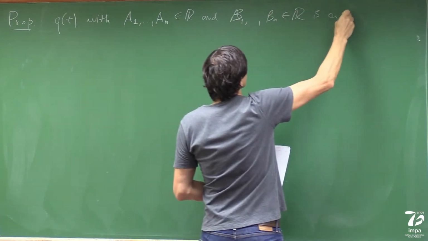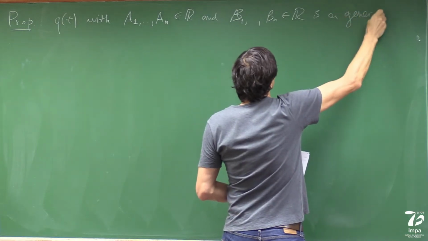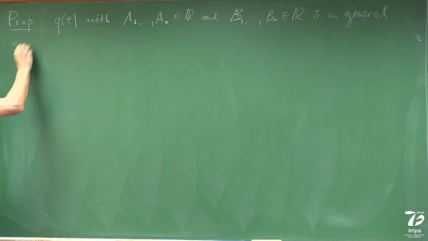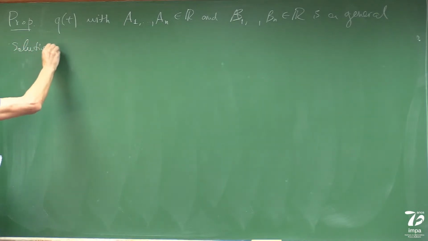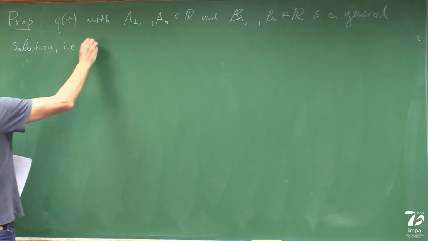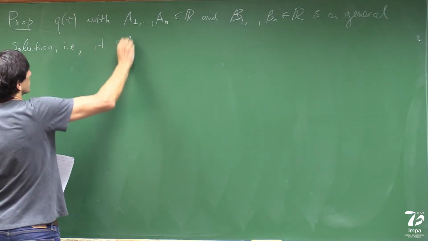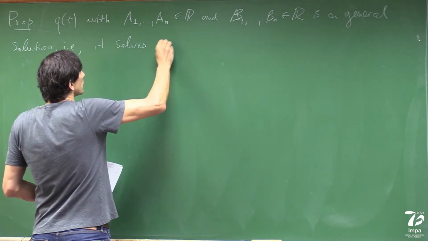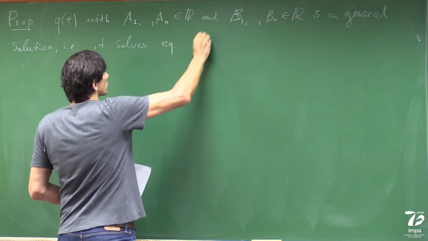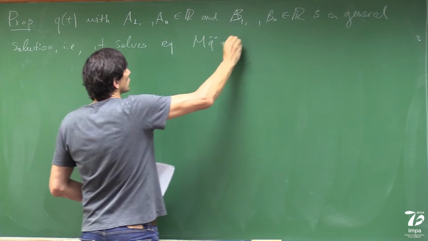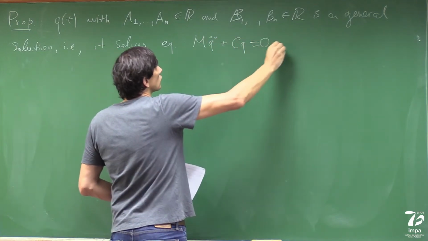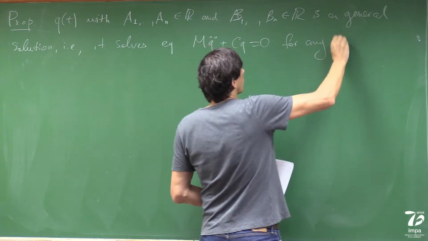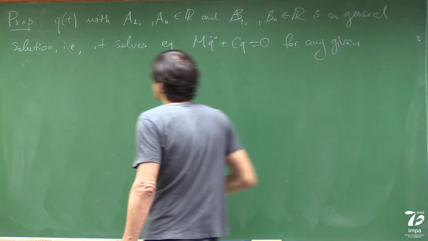General solution means that it solves the equation of motion, Q double dot plus CQ equals 0, for any given initial condition.